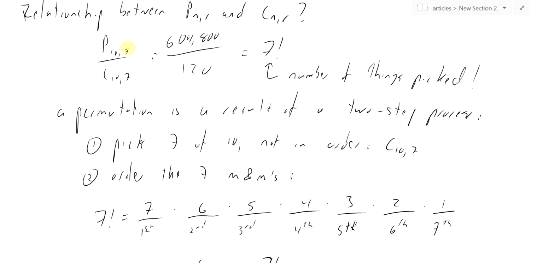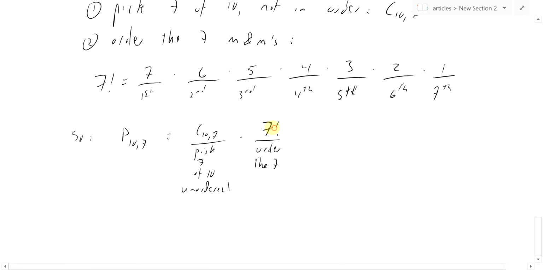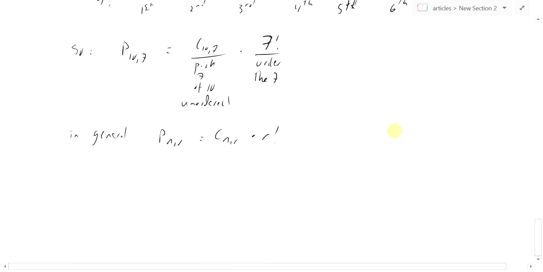And so that's why P(10,7) over C(10,7) is 7 factorial. That's how to order 7 things. In general, P(n,r) is C(n,r) times r factorial. Also not a formula you need to memorize, but that's where some of these formulas come from.